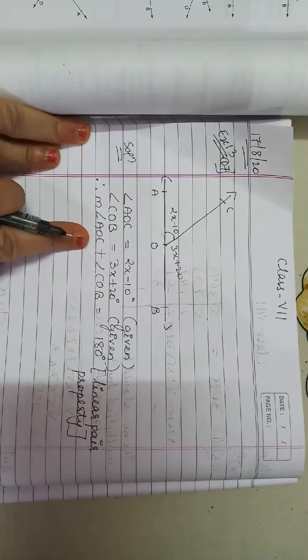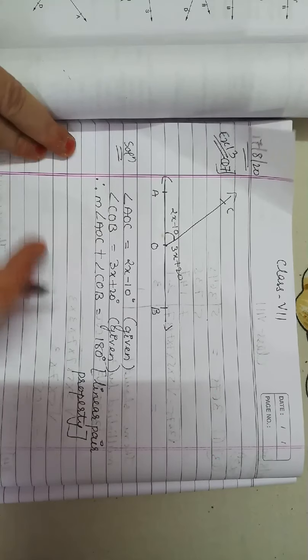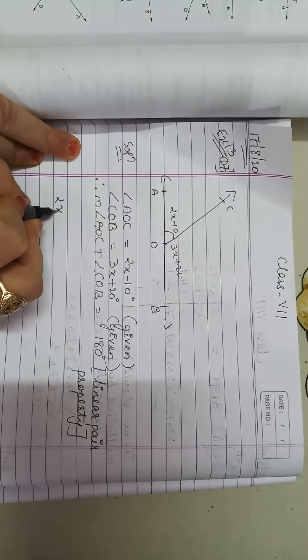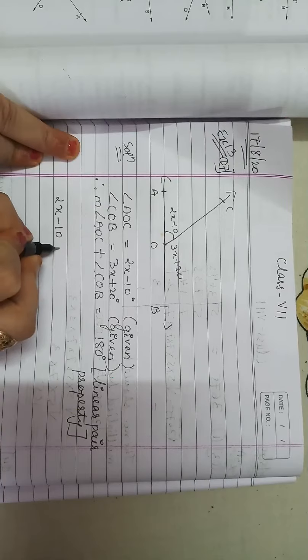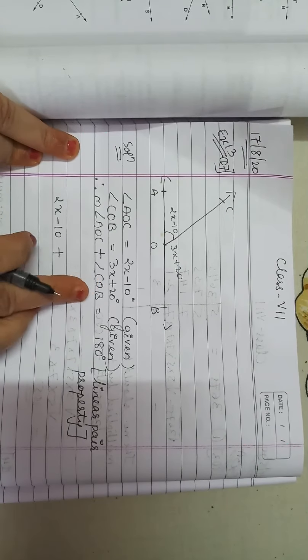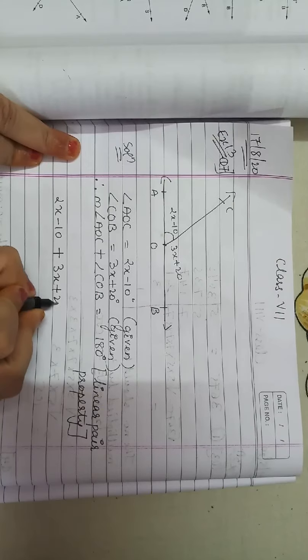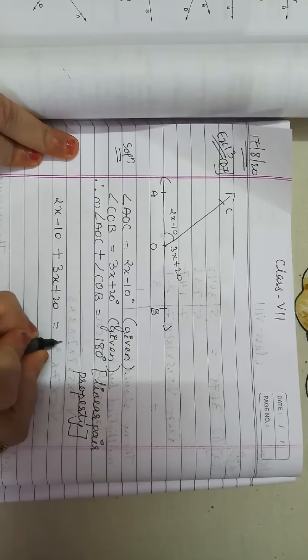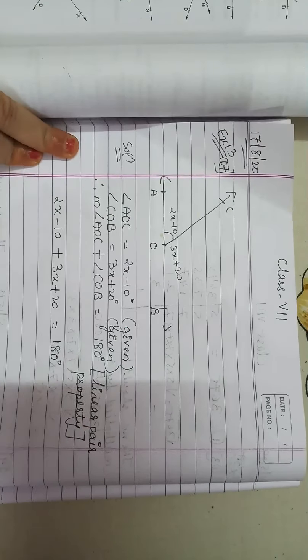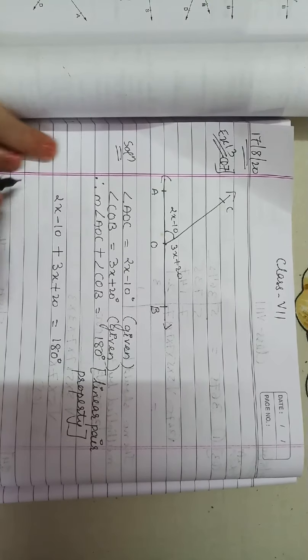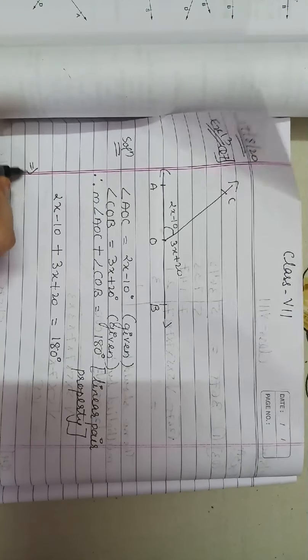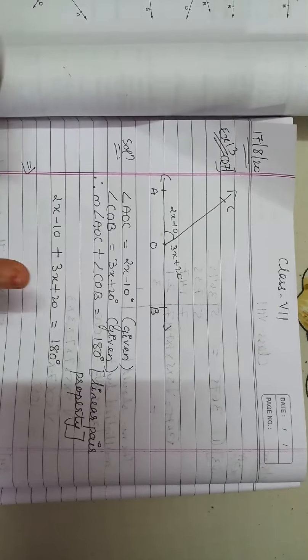Now what is the measurement of angle AOC? We don't know, but we know the values: 2x minus 10, plus angle COB, which is 3x plus 20, equals 180 degrees. Now you will take the like terms together.